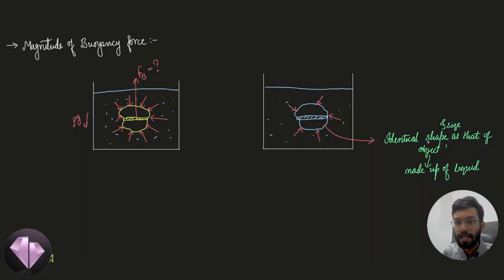Object का same shape, same size का एक fluid element उसकी जगह पे डाल दो, which is made up of the same liquid, right? So this was liquid and this is also liquid. Now the thing is, all these normal forces are exactly the same as before.